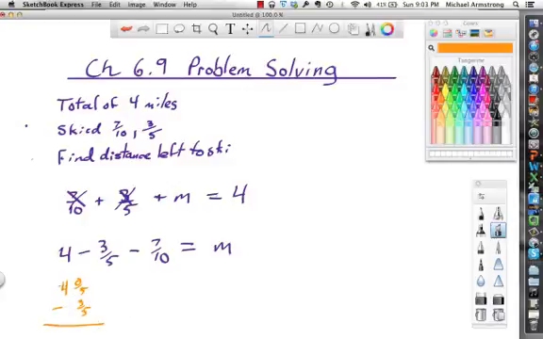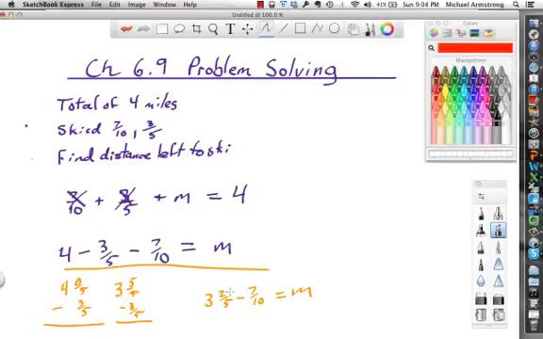And we know that we have to use renaming. So 4 has to be renamed as 3 and 5/5 minus 3/5, which ends up equaling 3 and 2/5. So if we were to rewrite this whole thing, it'd be 3 and 2/5 minus 7/10 equals M. Minus 7/10 is kind of a problem because it's a different denominator than 2/5.